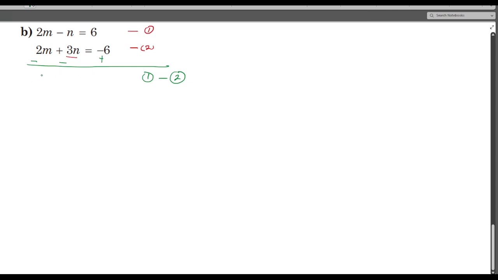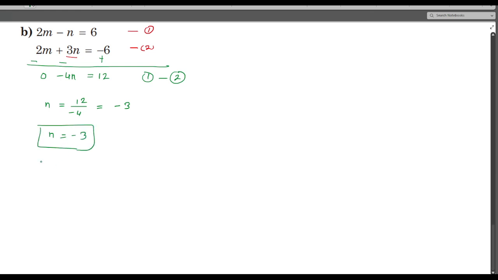So 2m minus 2m will cancel, so nothing is here. -n minus 3n gives me -4n, and here 6 plus 6 will give me 12. So the value of n is equal to 12 divided by -4, which is -3. So the value of n is -3.